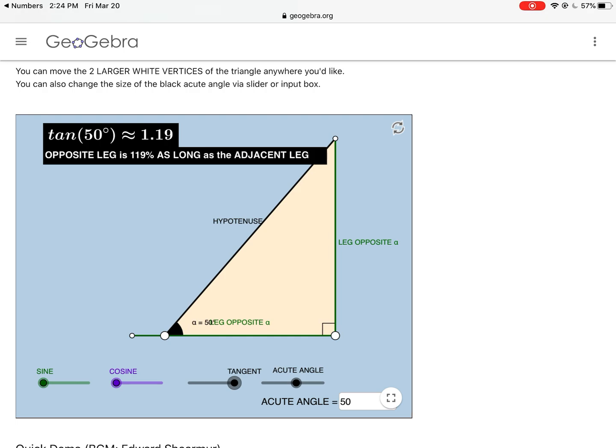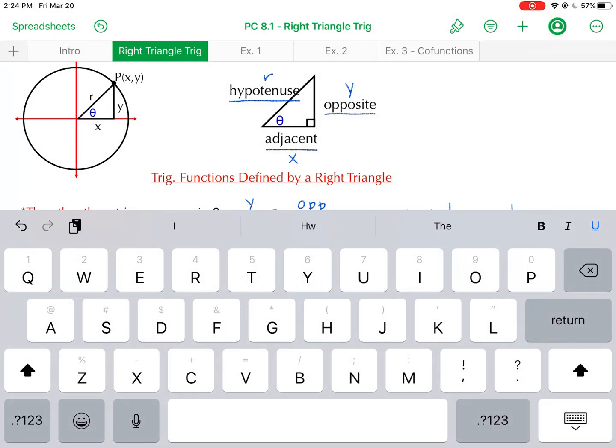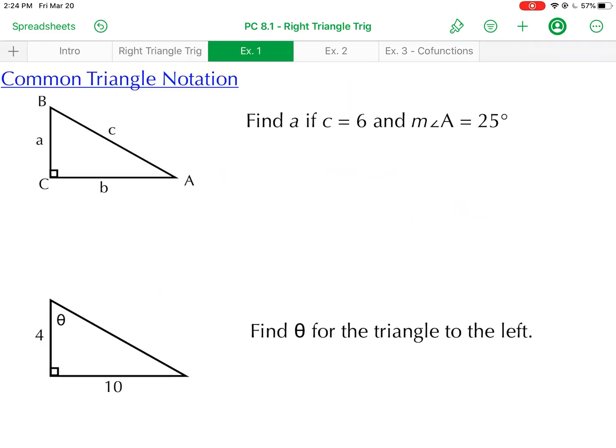Okay, so hopefully that just gives you a real good understanding of what we are doing when we're coming up with these values for our trig functions. Okay. All right, let's get into an example.